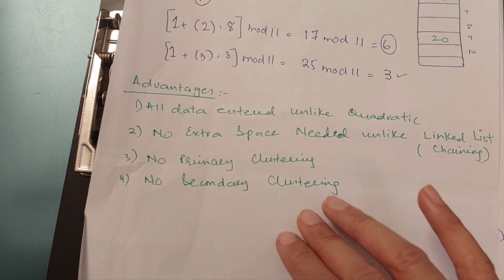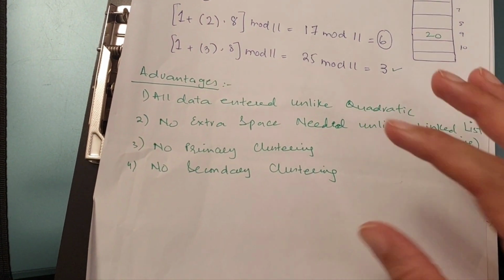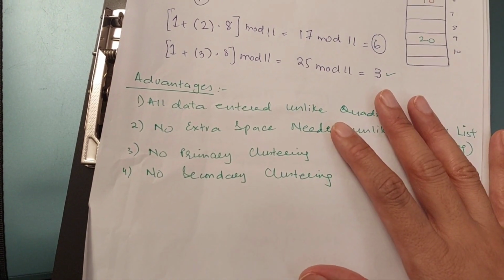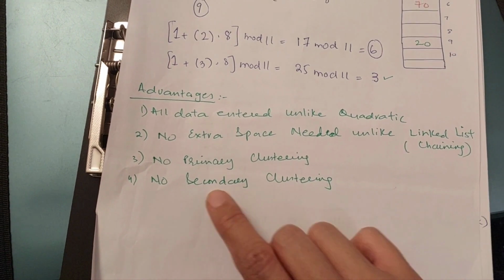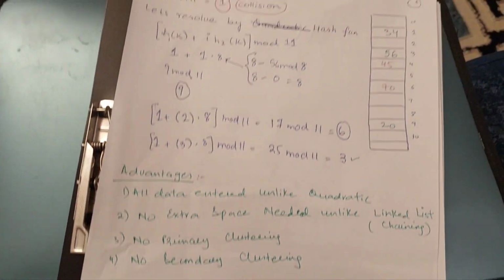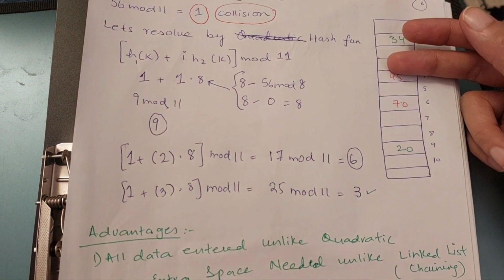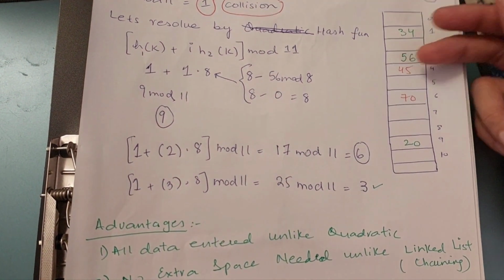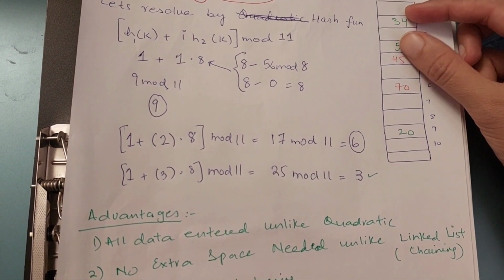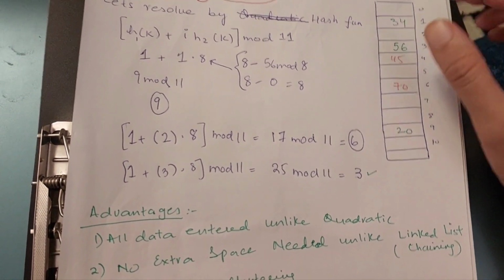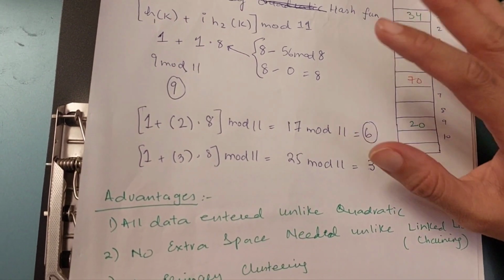Similarly, we do not have secondary clustering. In the case of quadratic hash functions, we were having the issue of secondary clustering, but right now this issue is also resolved. Secondary clustering means that two keys which want to enter into the same data location try to follow the same sequence for probing.